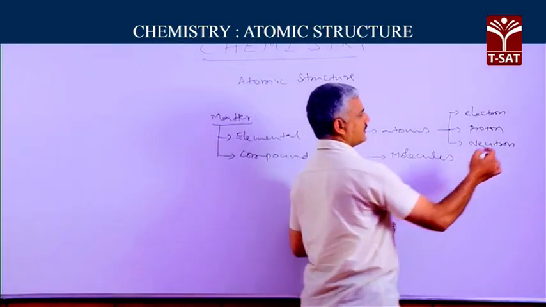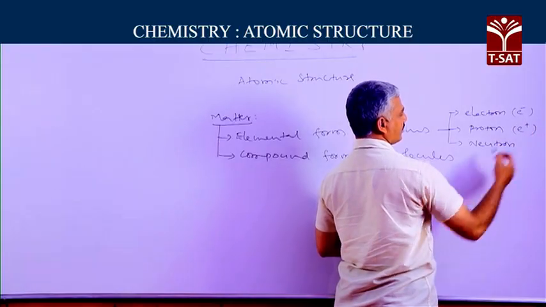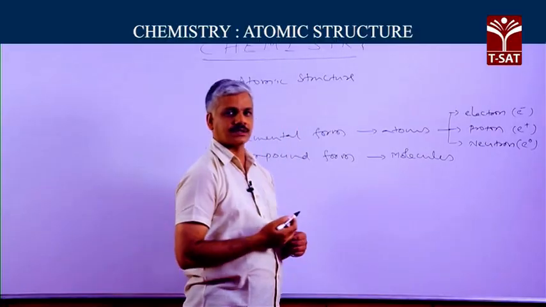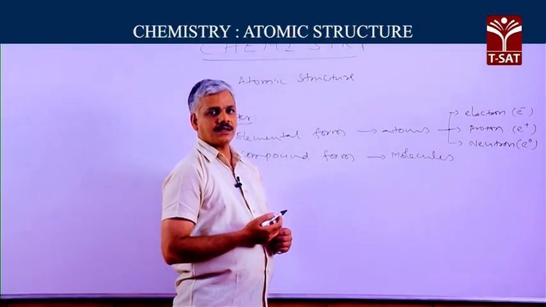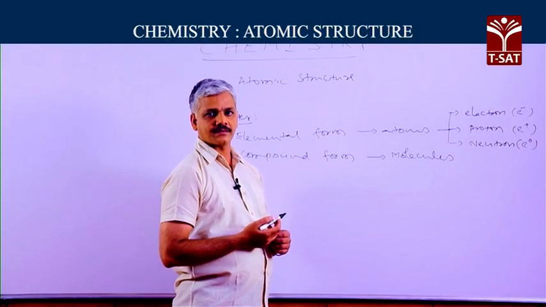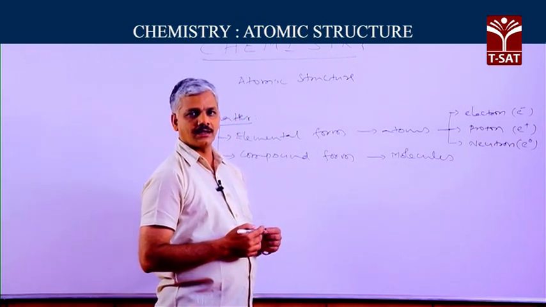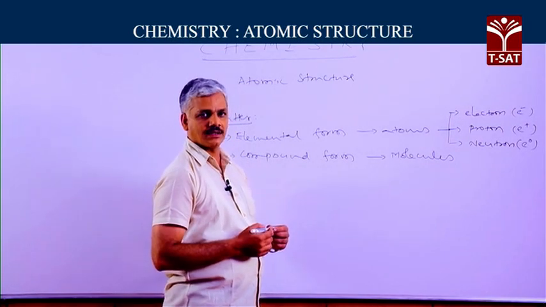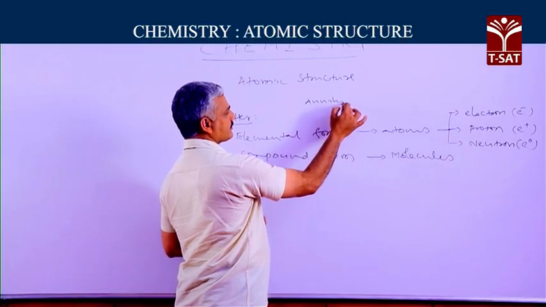Electrons, as you all know, carry 1 unit of negative charge, protons carry 1 unit of positive charge and neutrons no charge. So, the problem is electrons and protons are oppositely charged particles and they always try to attract each other. And in that process, if the particles come in contact with each other, a process called annihilation takes place.